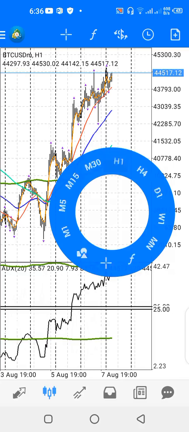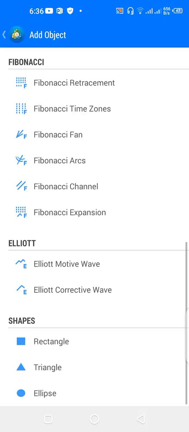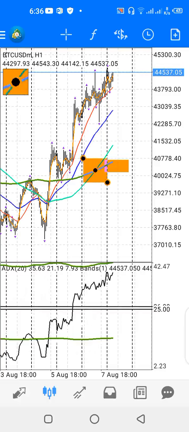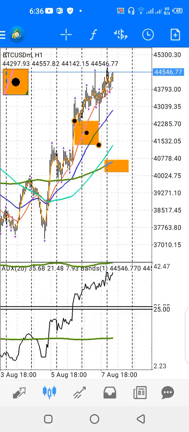They crossed here, the last one crossed here, and it's also going up. So in as much as you have something like this, you look for buy trades.